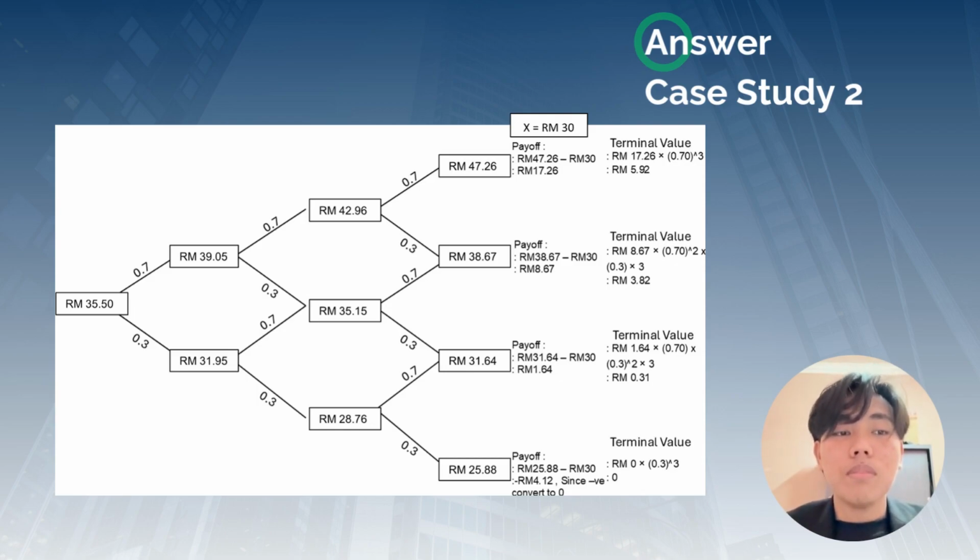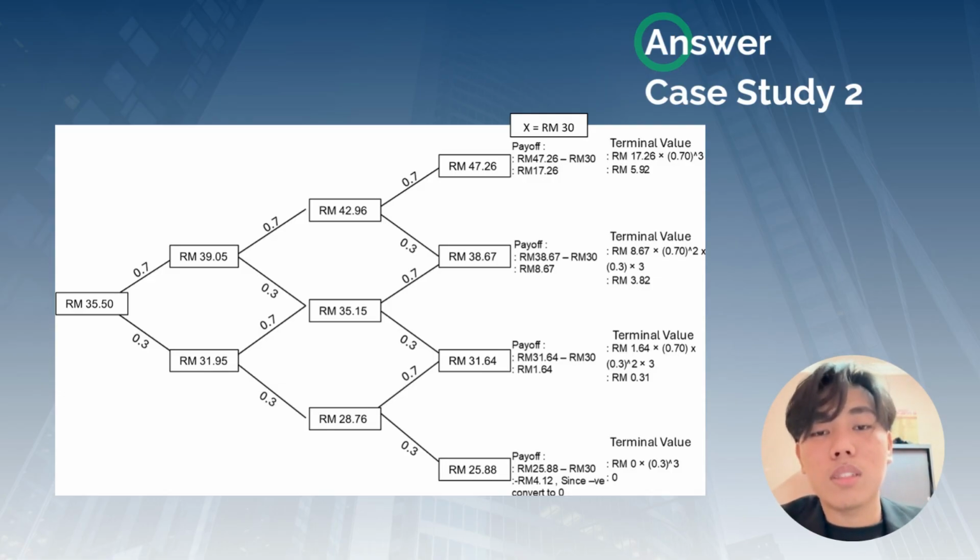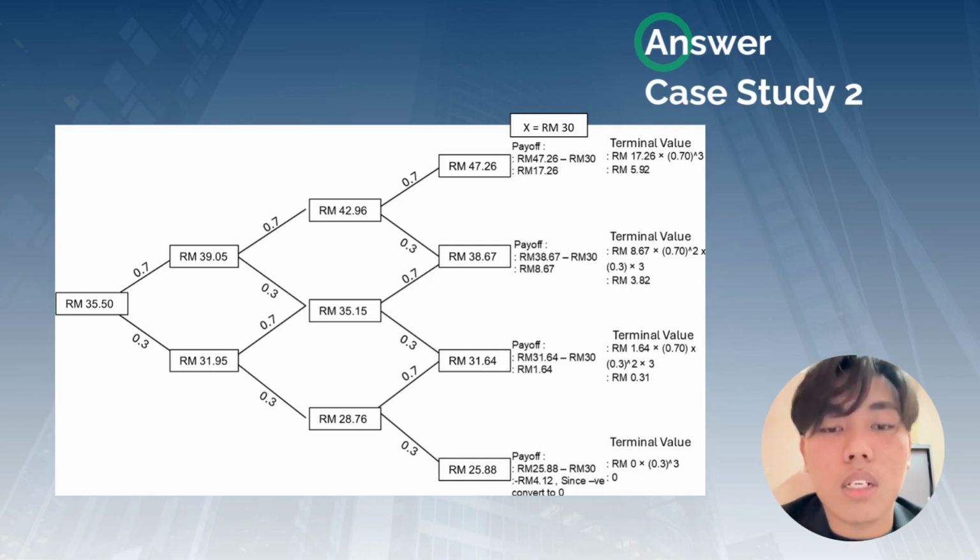After we get all these 3 paths, for the last path we need to calculate the call option payoff. As stated in this question, it is a call option.